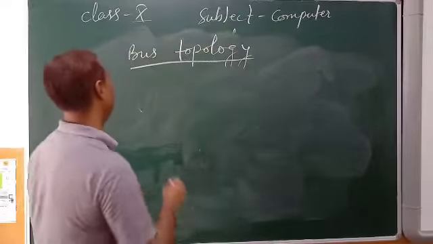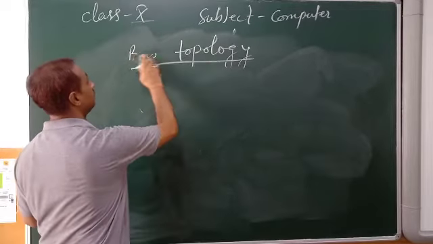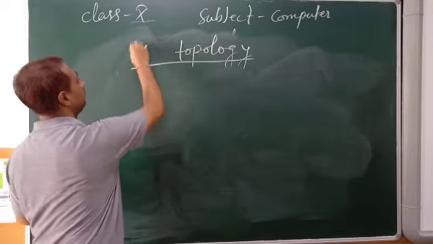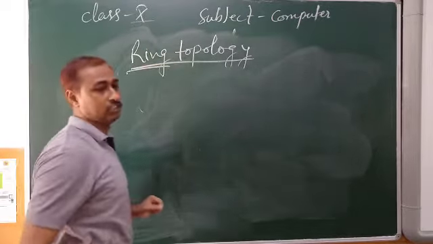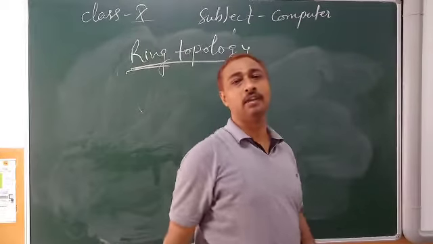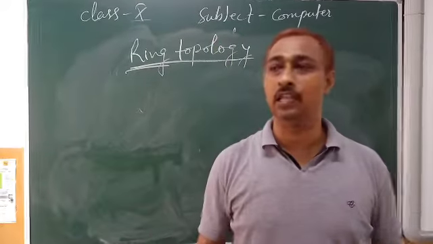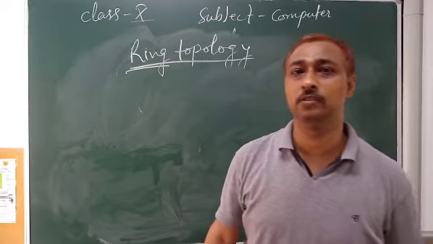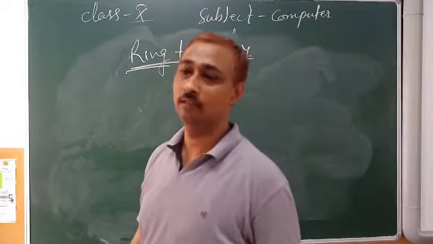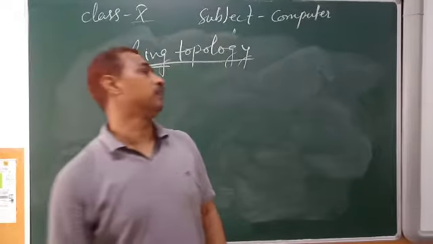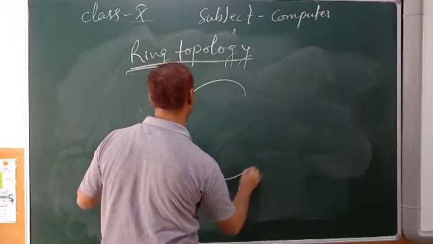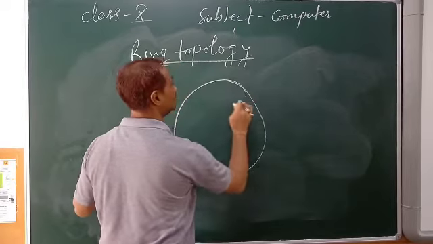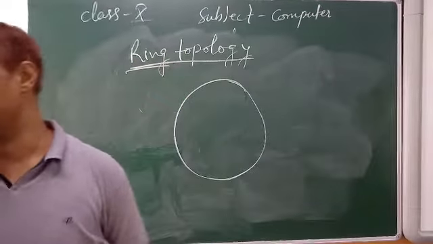ring topology. Instead of a bus, it is a ring, because this topology has a circular shape. That's why it is called ring topology.